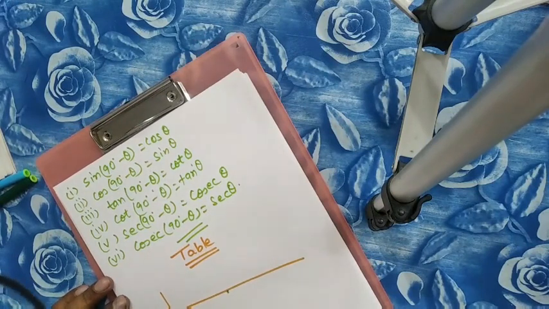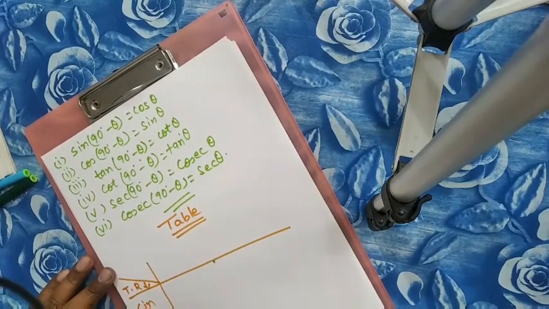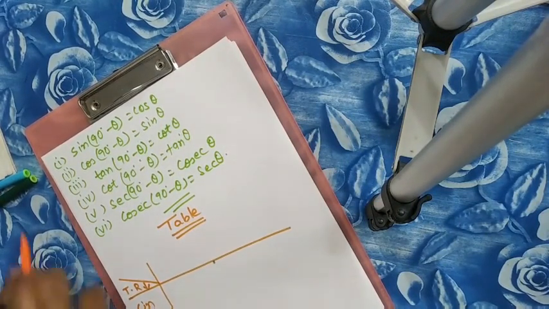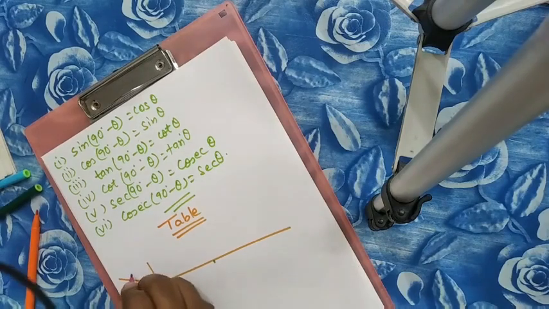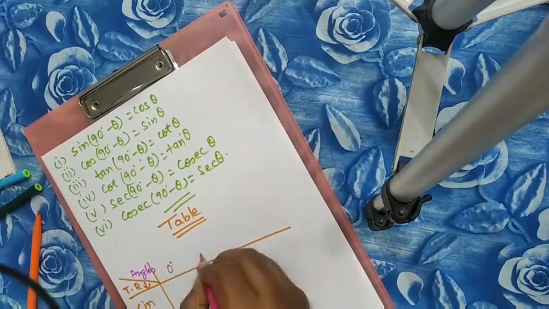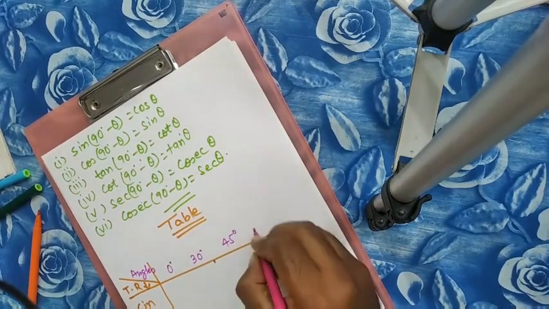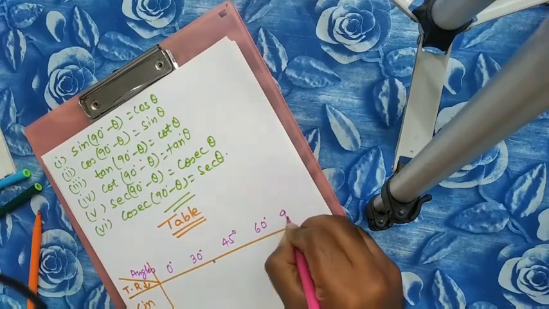Here we will write some trigonometrical ratios downwards, such as sin, cos and tan, and here we will write its angles. Angles means 0 degree, 30 degree, 45 degree, 60 degree and 90 degree.